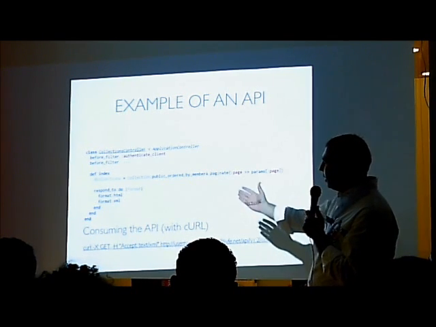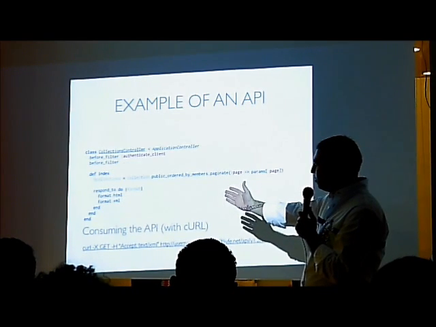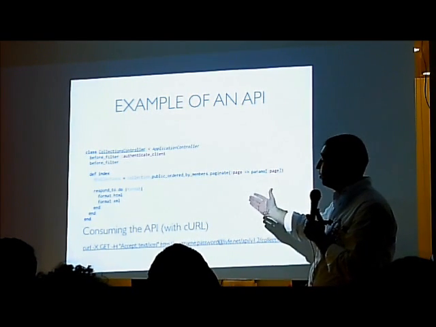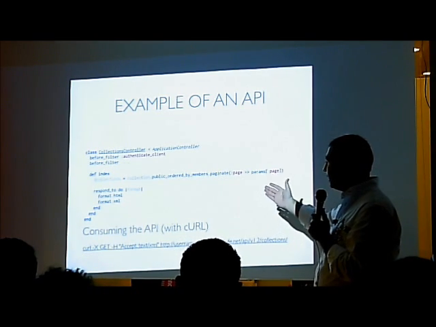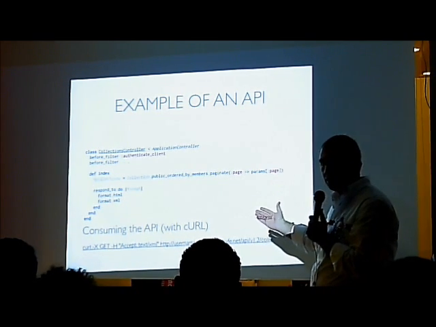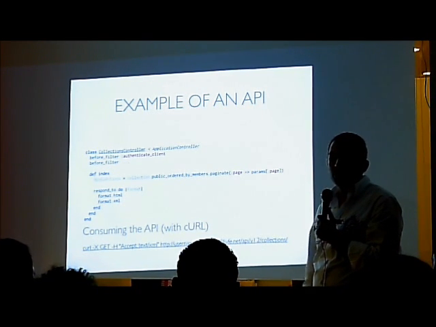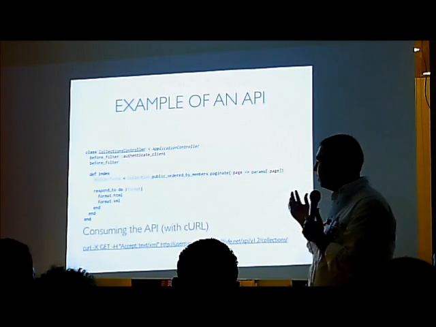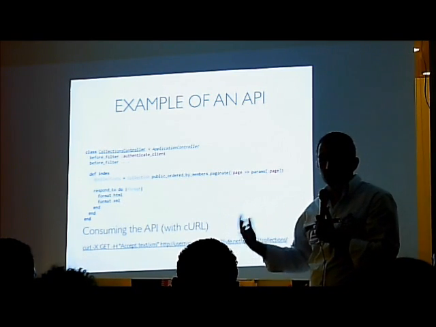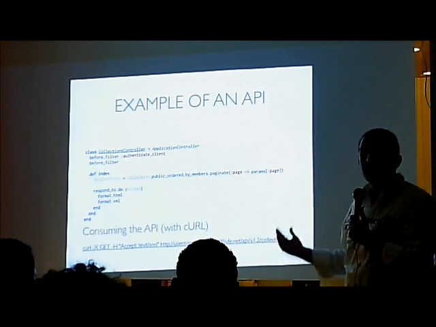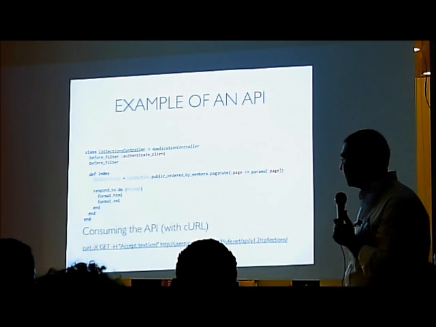So using Ruby, I can call this using the collection public ordered by members method on Collection, and then call paginate on top of it and pass parameters to it. So all in one liner. And the method in the backend on the model side just understands what it needs to do and returns an array full of records.